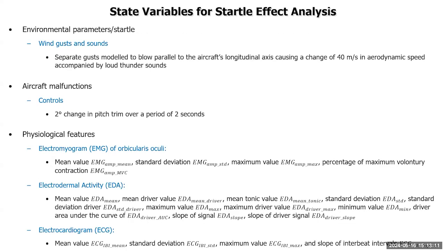Some of the state variables analyzed in this study are environmental parameters, aircraft malfunctions, and physiological features. Environmental parameters include wind gusts and thunder sounds, modeled as described, accompanied by aircraft malfunctions in the form of pitch trim malfunction. Measured physiological features include EMG, EDA, and ECG features listed below.